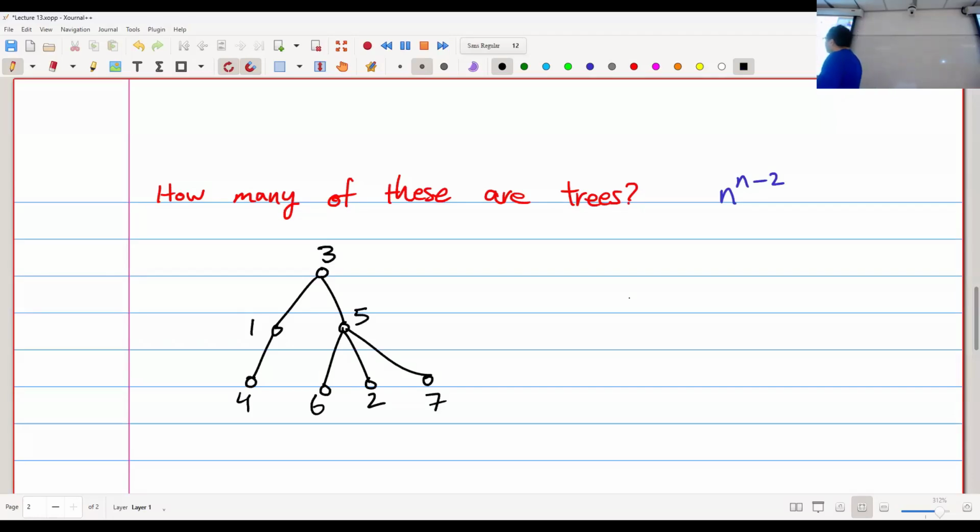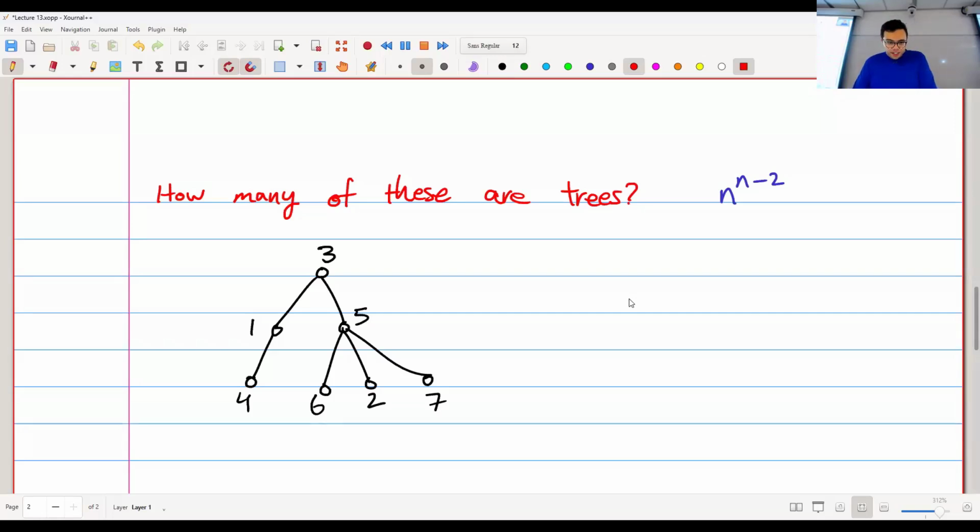Now I want to write this as a sequence. And here's the rule that I use. Here's the algorithm that I use. Every time I look at my leaves and I find the leaf with the smallest number. Okay. So in this case, my leaves are 2, 4, 6, and 7. I find the leaf with the smallest number, which is 2.